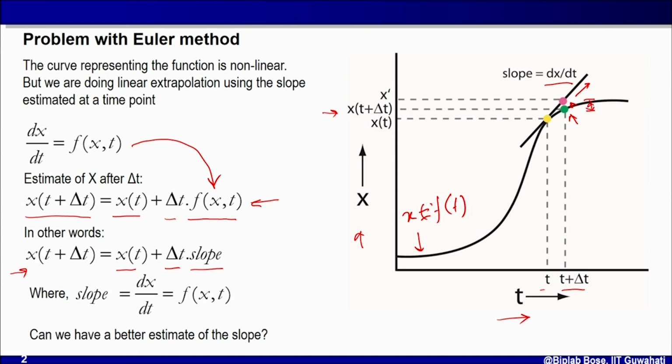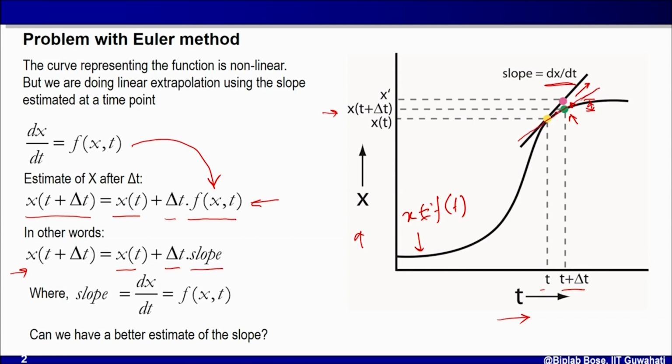This error is coming because from the yellow point you are doing linear extrapolation along the tangent having a slope dx dt. We can rectify this if I correct my estimate of slope slightly and generate another line having a different slope.